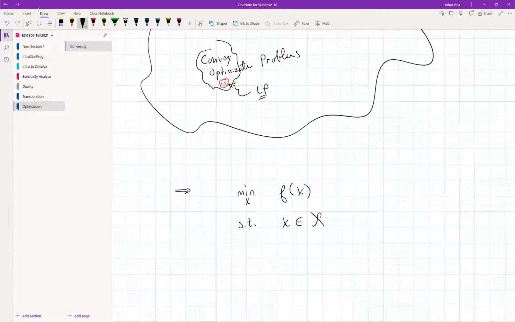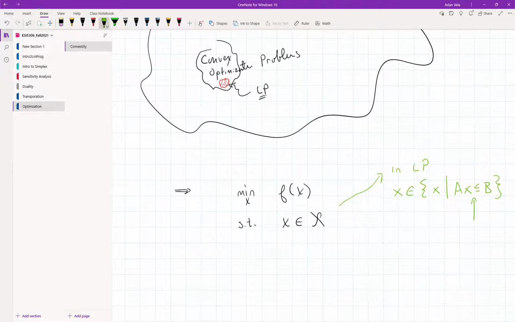Typically, the set that we worked with in linear programs, the set of X was given by all X that satisfied AX is less than or equal to B. Now, all I'm saying is we're going to generalize this a bit more to constraints that aren't necessarily linear equations.